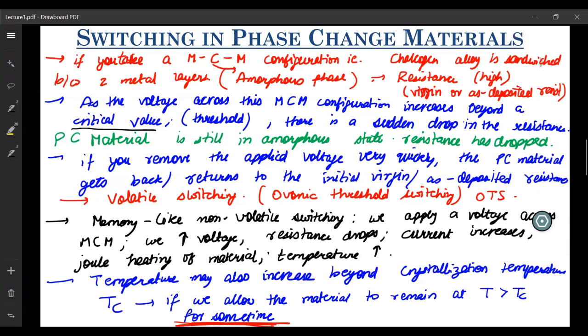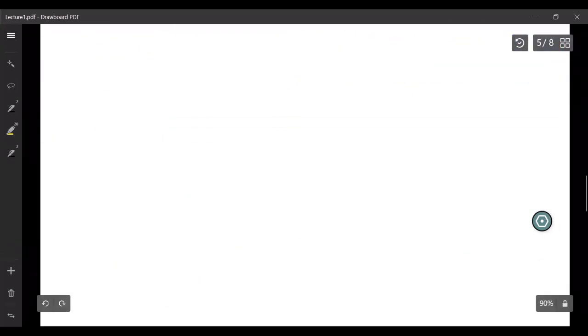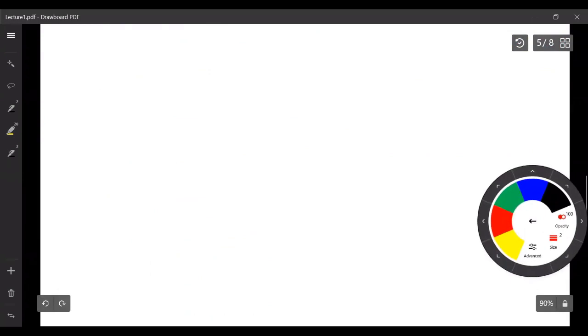Amorphous to crystalline is not a very fast process. So what we do, we heat it above this crystallization temperature and allow it to remain there for some time. If we allow it to cool very slowly, or if we heat it beyond TC and let it remain there for a long time, then what happens?